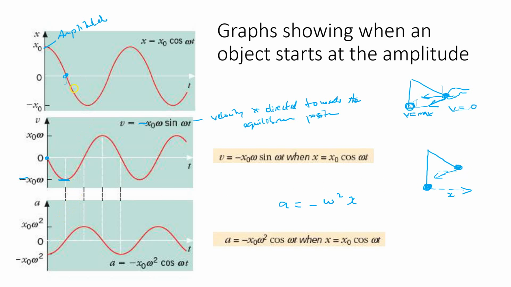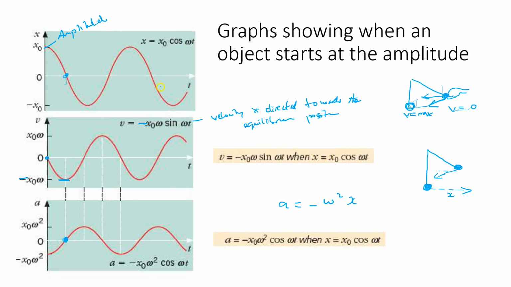So when the object is at the equilibrium position, the acceleration is at zero because acceleration is equal to minus omega squared times x. If there's no displacement, then there will not be any acceleration. Once there is some displacement, then you record some acceleration.